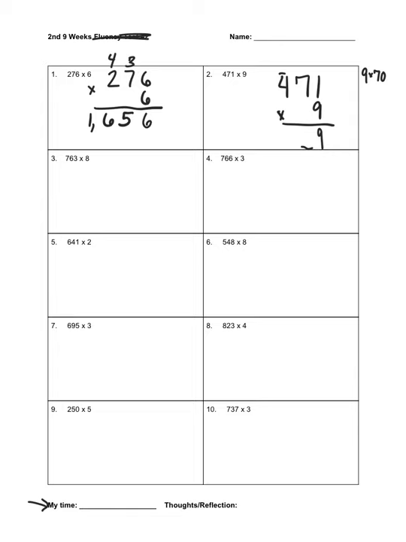So 9 times 7 is 63. So I'm going to put down the 3 and carry the 6. 9 times 4 is 36, plus 6 more, 36 plus 6, let's see, 36 plus 4 is 40, so that would be 42. 4,239.